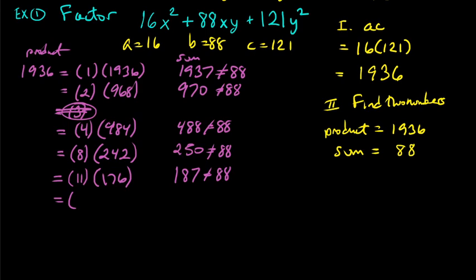No. 16, well, 16 times 121, you can check, is 1,936. Oops, that's supposed to be a 6. And 16 plus 121 is 137, which is not 88.